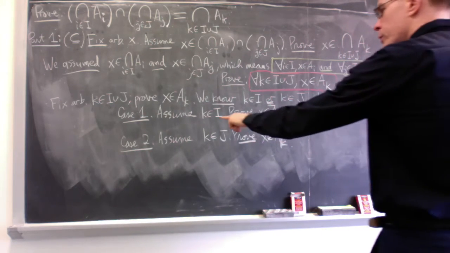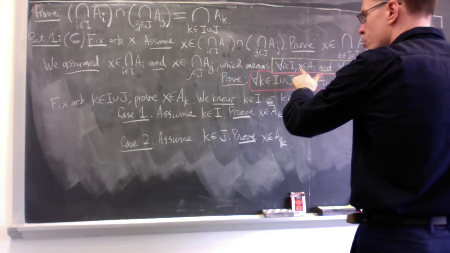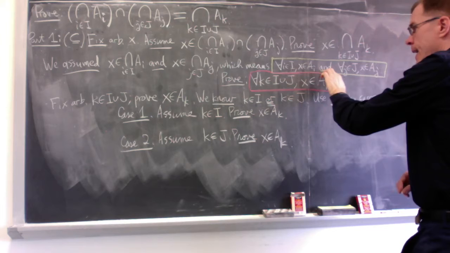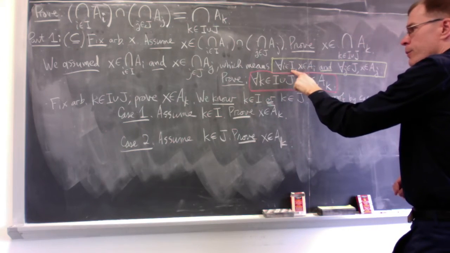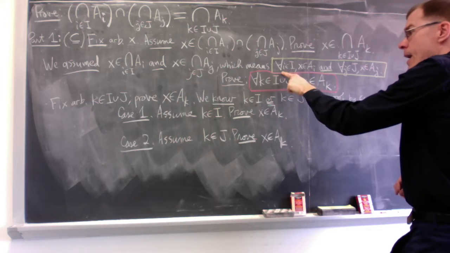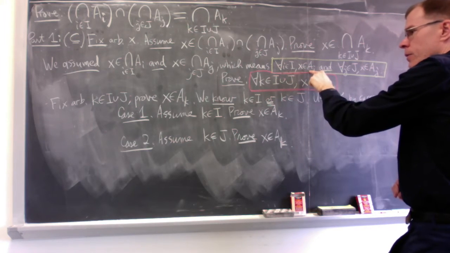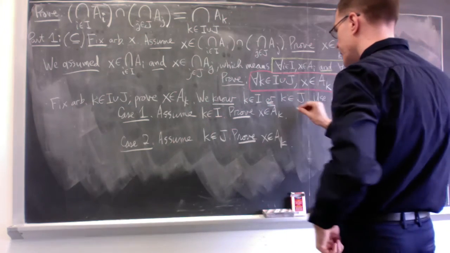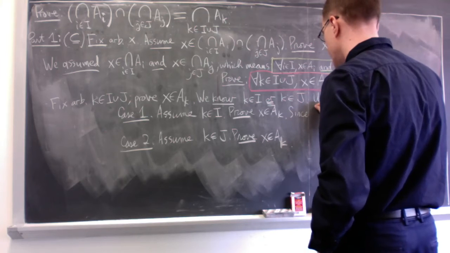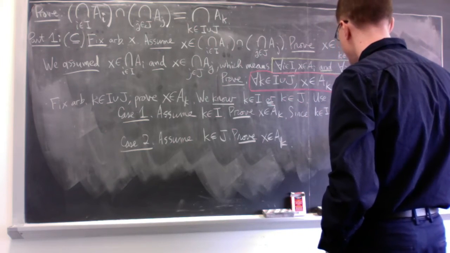Well, looking in case 1, for instance, and looking back at our green statement, we know stuff, and means we know both pieces, of course. We know about indices that come from capital I. For every such index, whatever it may be, x is in A_i. And look, in case 1, k is in I. So we can let i equal k.